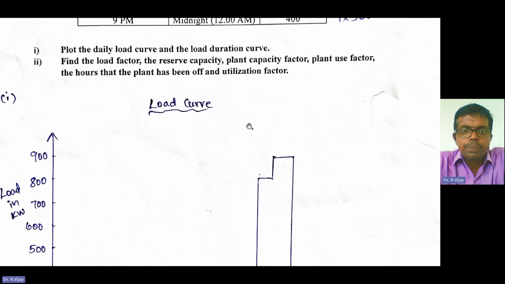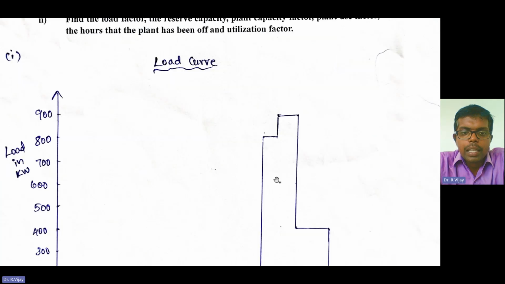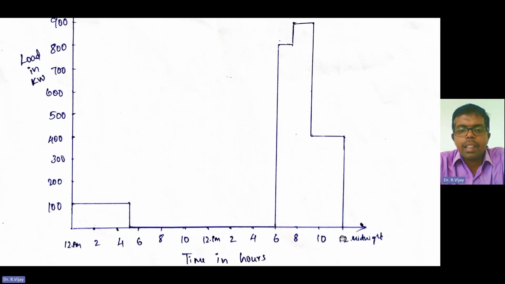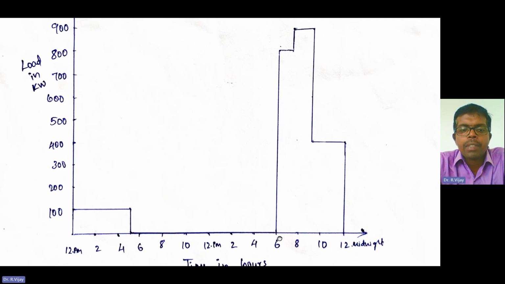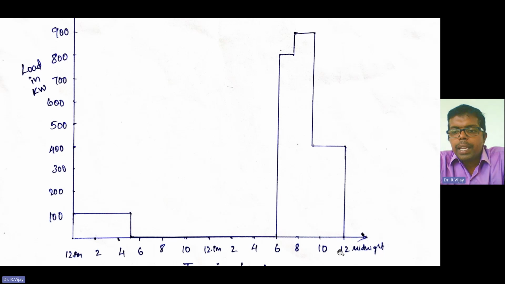First, load curve. As I said, for these loads you need to draw the load curve. This axis is the time axis, time in hours. If you take your scale and mark 1 centimeter each, mark it as 2, 4, 6, 8, 10, 12 p.m., 2 p.m., 4 p.m., 6 p.m., 8 p.m., 10 p.m. and 12 midnight.